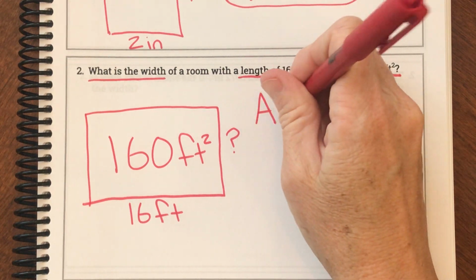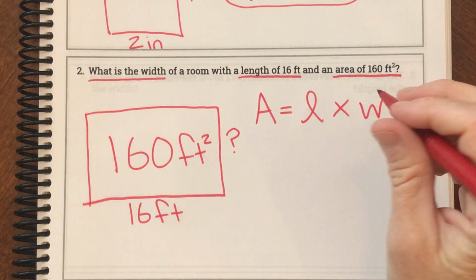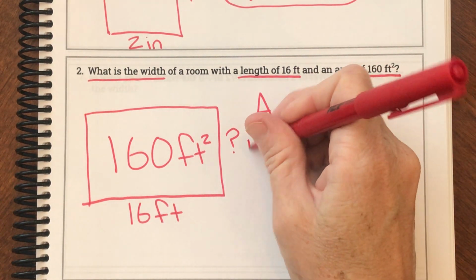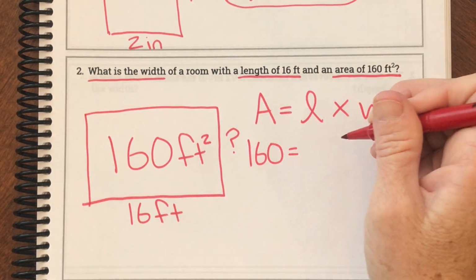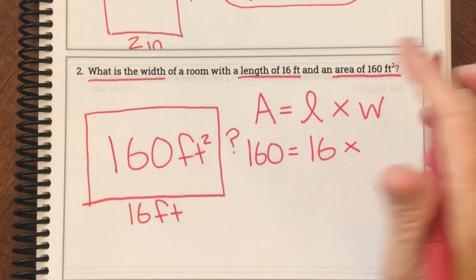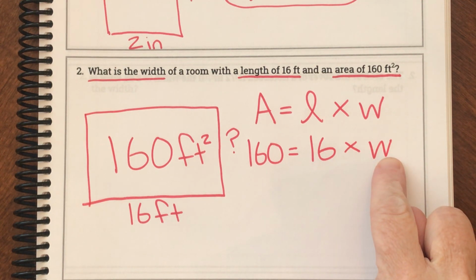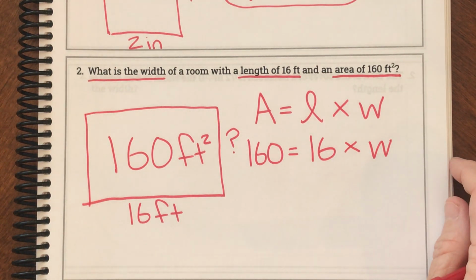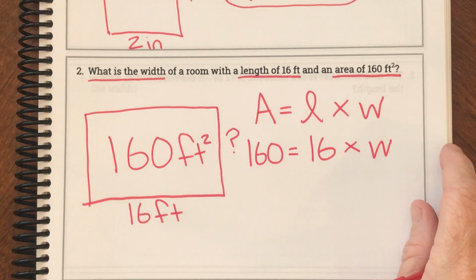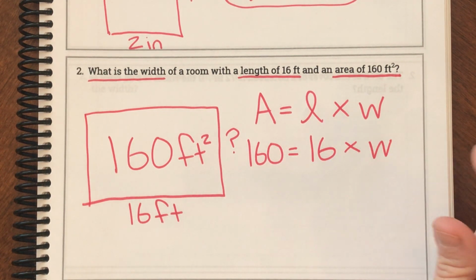So my formula is area equals length times width. And what do I know? I know my area is 160. I know my length is 16, but I don't know the width. So 16 times what will give me 160? What does this W need to be? 16 times what gives me 160?